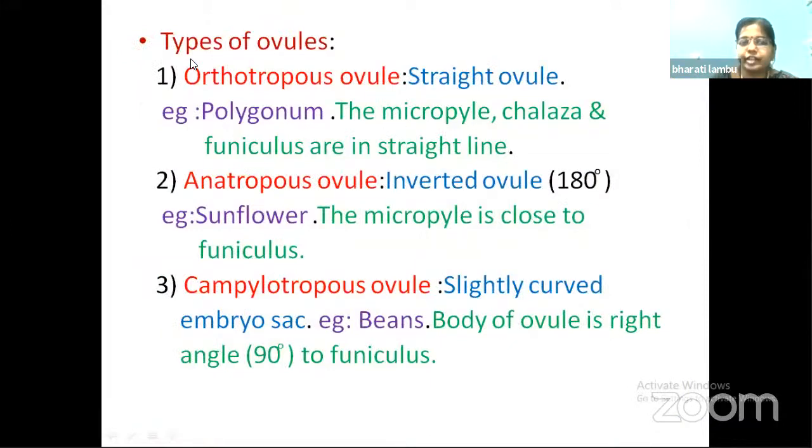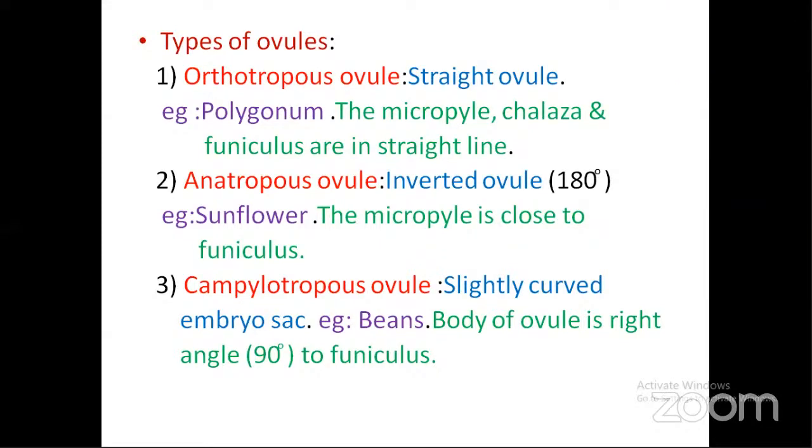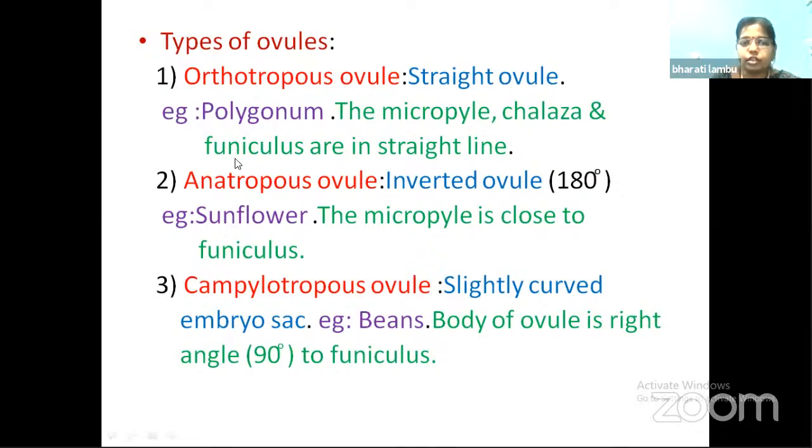Now we'll see various types of ovules. Depending upon the orientation of the body of the ovule, you can find various types of ovules. Generally, there are 6, but in your syllabus, they have given only 3. So we'll go with it. Orthotropous ovule, anatropous ovule, campylotropous ovule. What is orthotropous ovule?